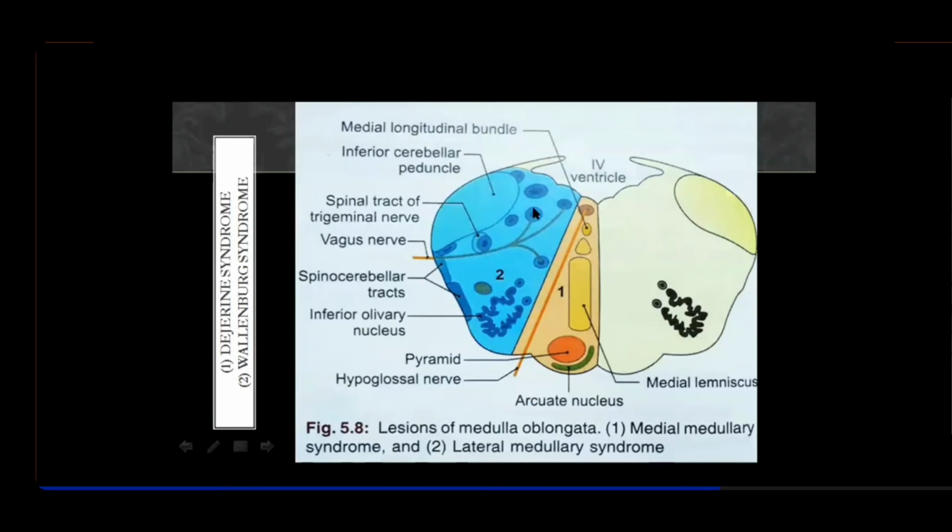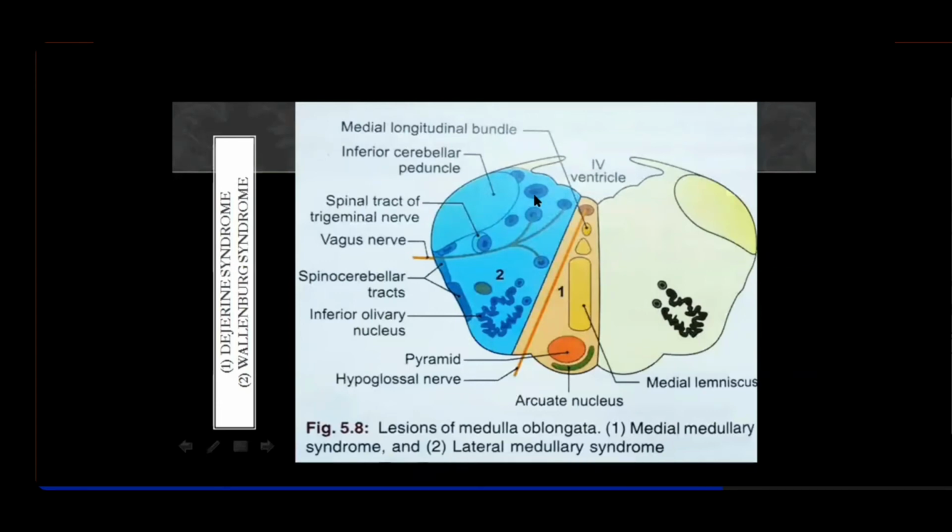And now about this vestibular nucleus. So if vestibular nucleus, dorsal and ventral and medial and dorsal vestibular nucleus, these are the nucleus from the vestibular nerve. If this is damaged, what will happen? There will be, उसे क्या कहते हैं?